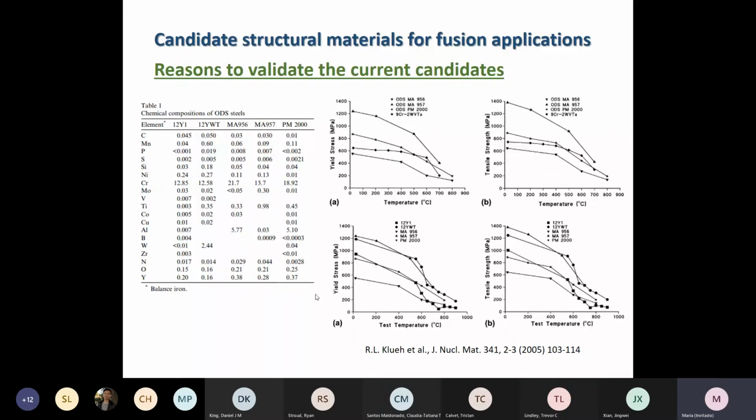It is MA956, 957, and PM2000. They were produced, as I say, by different companies, but they are not available at an industrial scale. And I don't know anything regarding the companies. You may have had some experience.